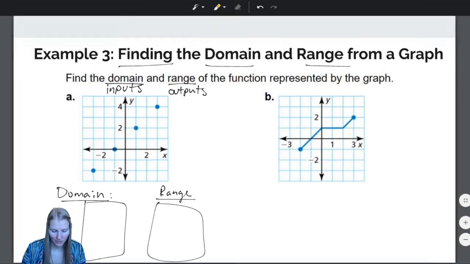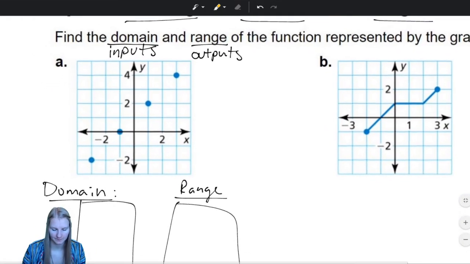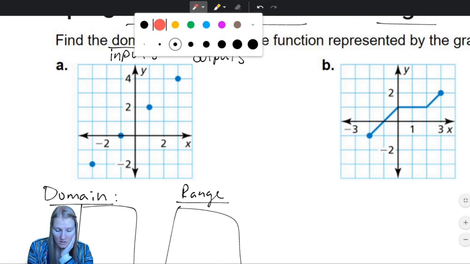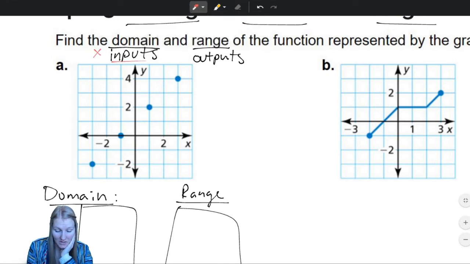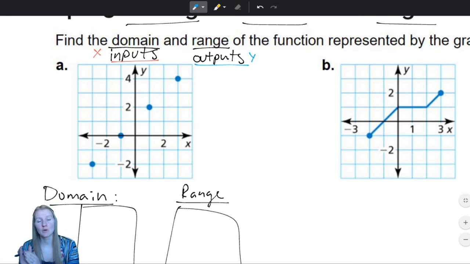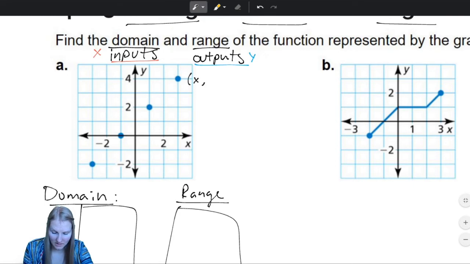So let's zoom in on this graph a little bit. In order to know what my inputs and outputs are, I need to know what my x's are and what my y's are. Because remember, my inputs are my x values, my outputs are my y values. So we need to figure out what is the x and the y of each of these points.